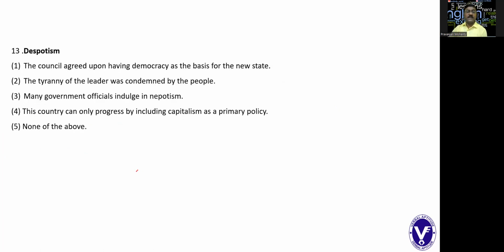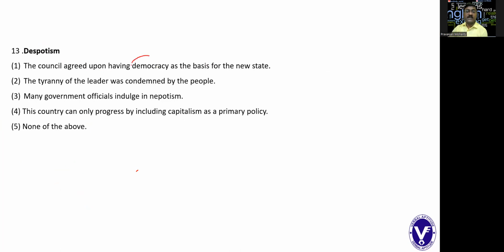Despotism. This is a word that you would have heard. Despot. Despot normally is called the dictators, one who rule, commit atrocity, or who rule people with a very strong hand, dictator kind. They are known as despot. So the council agreed upon having democracy as the basis for the new state.